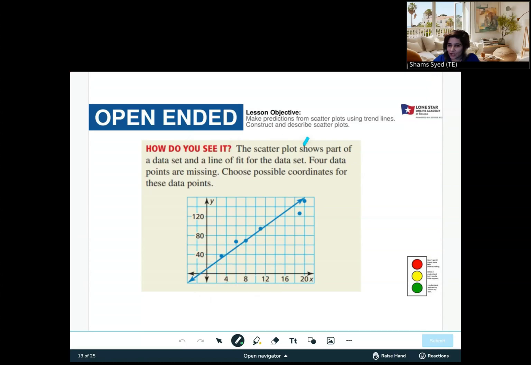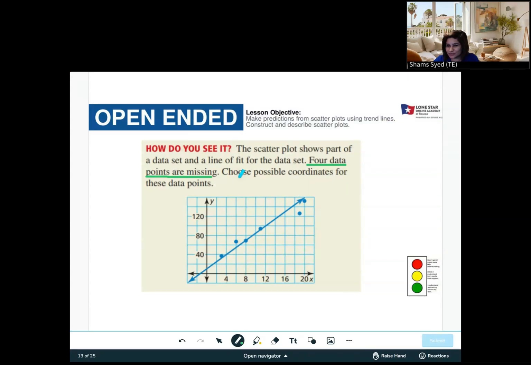The scatter plot shows part of a data set and a line of fit for the data set. Four data points are missing.